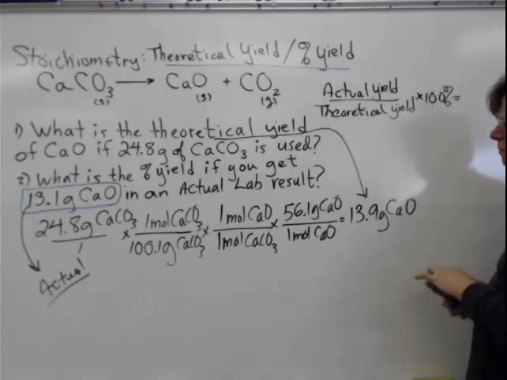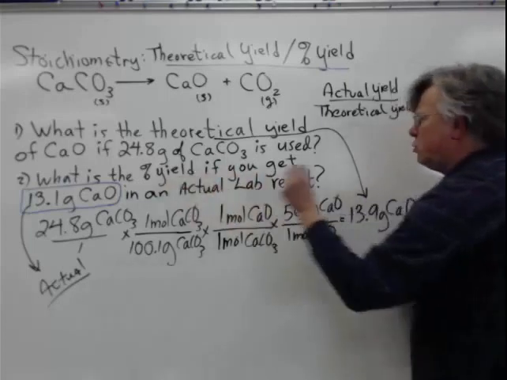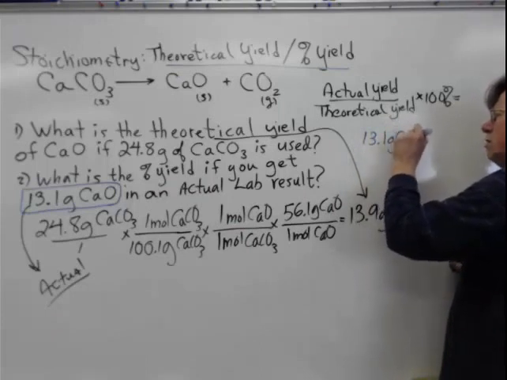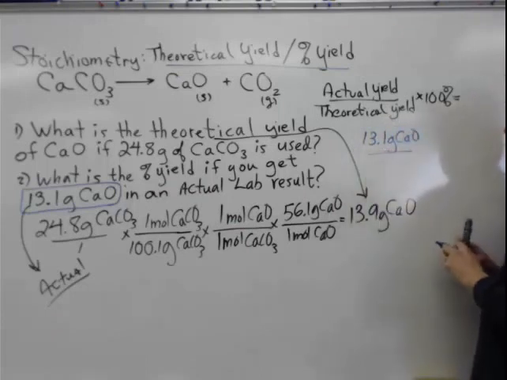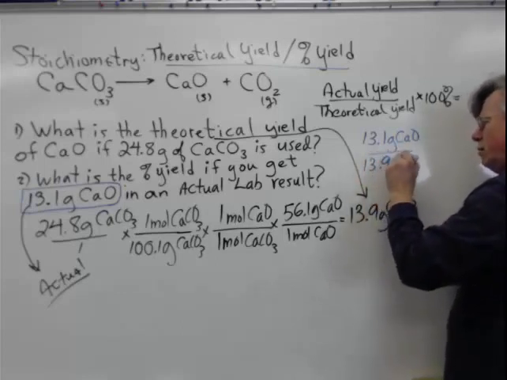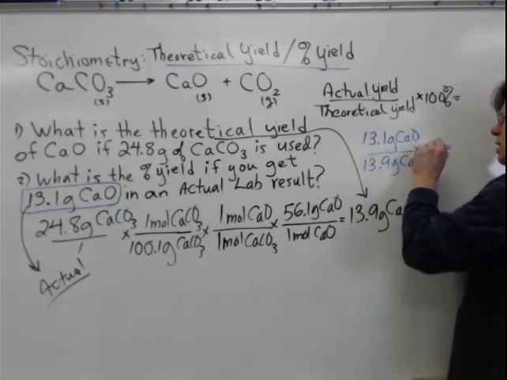So it's very simple. I just have to take the actual amount, 13.1 grams of calcium oxide, and then divide it by the theoretical, 13.9 grams of calcium oxide, times 100.